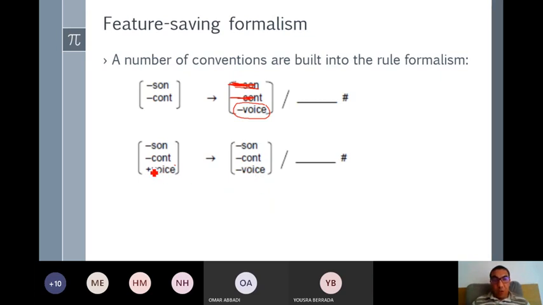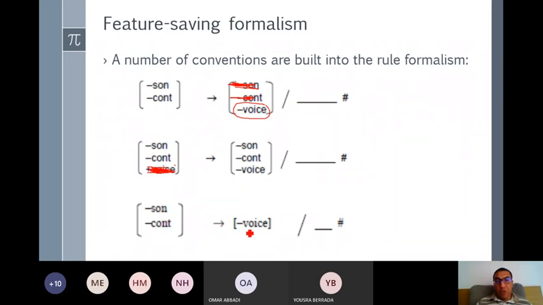We do not repeat it here. Okay, so we delete that, right? So this is the final rule. Minus sonorant minus continuant is changed into minus voice. So we don't repeat plus voice here. And we don't keep the features that do not change.